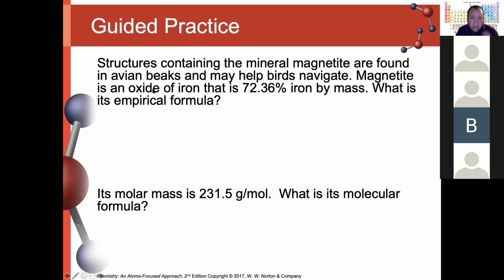So the process here is exactly the same as in the previous problem. We're going to start by converting our percentages into masses. We're not told what the mass of oxygen is, but since it is an oxide and the other component is only oxygen, we can just take what is left.